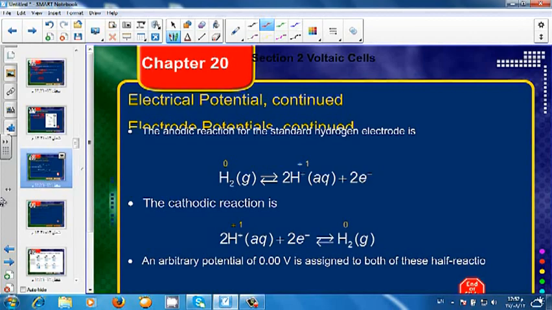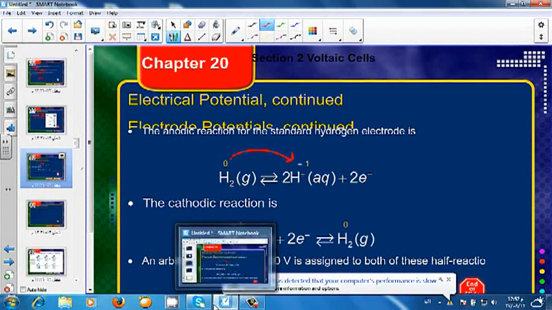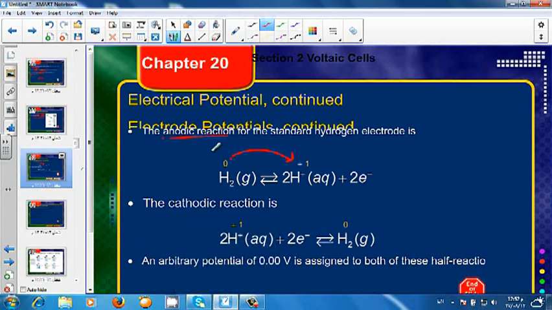Generally the standard electrode potential for the hydrogen electrode is 0, as shown in this reaction. The hydrogen gas, its oxidation state is 0. After losing the electron, it changes from 0 to +1 oxidation. So this is the anodic reaction, or the anode. This reaction takes place within the anode.